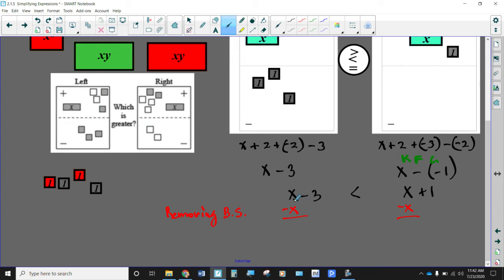Take away the x from the left side if you can take one from the right side, and that leaves you with a negative 3 and a positive 1, and now you can absolutely compare them without having to think in the abstract about the fact that x's are the same in both. So now you just have the numbers, you know negative 3 is to the left of 1 on the number line, so this has to be less than that, and the 1 has to be greater than the negative 3. Okay?